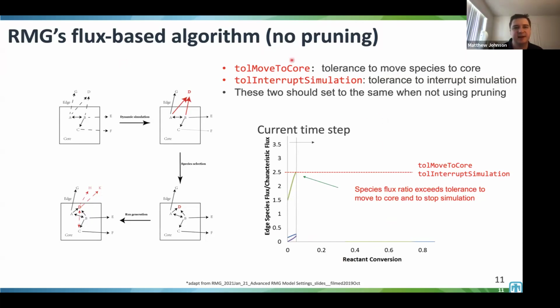Usually with no pruning, one might have the tolerance move to core and the tolerance interrupt simulation be the same thing. So once you find something that you want to move to core, you stop the simulation, add it to core and restart the simulation. As you can see here, we run the simulation, we track the fluxes of these, and when this one reaches the tolerance move to core and tolerance interrupt simulation, we stop the run. We start over and add that species and then react species.